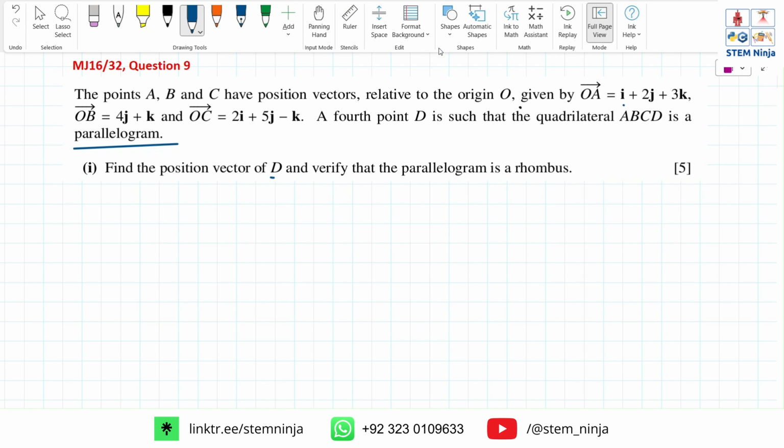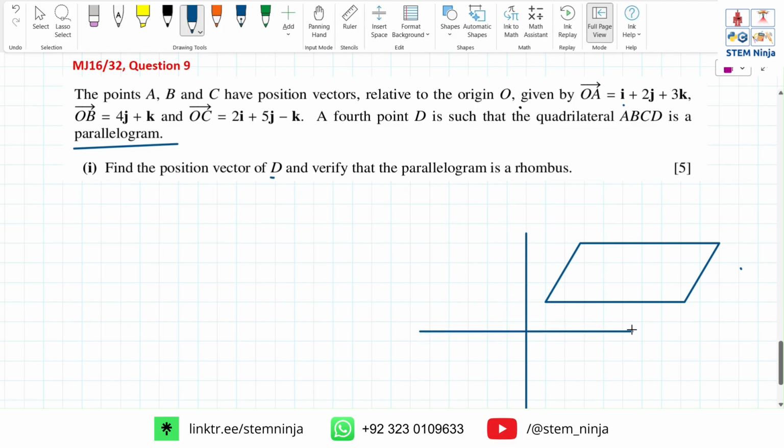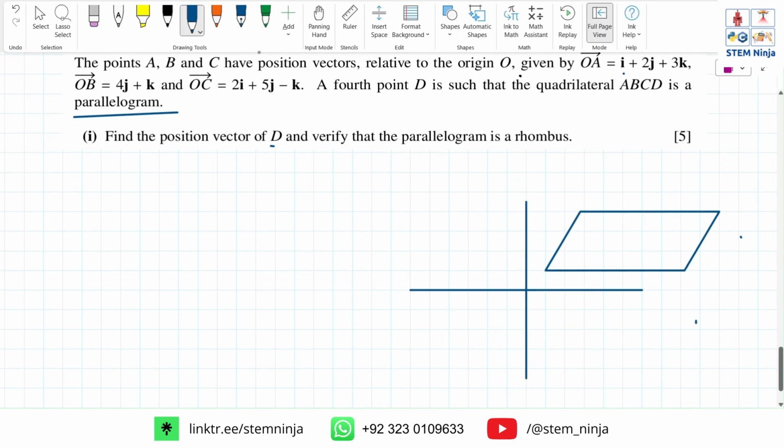Now let's draw a general diagram for this to understand how this might look. Although again, this will not be exactly how it looks, a little general picture of this is necessary. So for example, we have this. This is your origin O. This is your A. This is your B. This is your C. This is your D. Now we have OB and OA and OC.